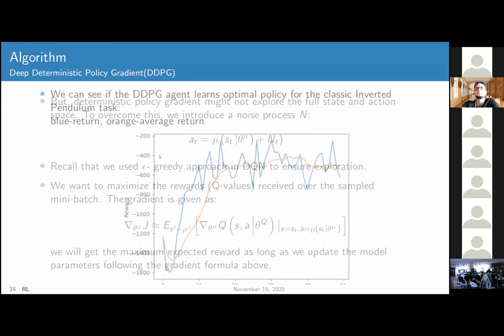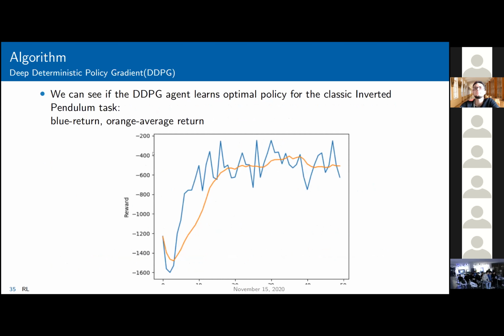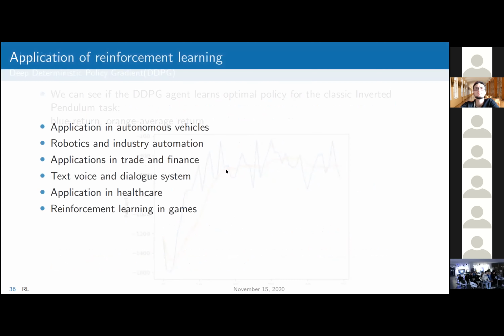This is a chart of reward trend with episode. The blue line is return and the red line is average return, to better see the convergence trend. The last part is application of reinforcement learning. The following are some applications of reinforcement learning.